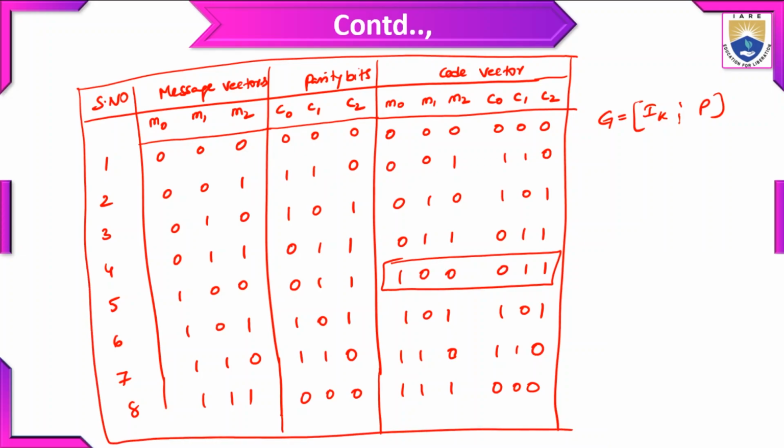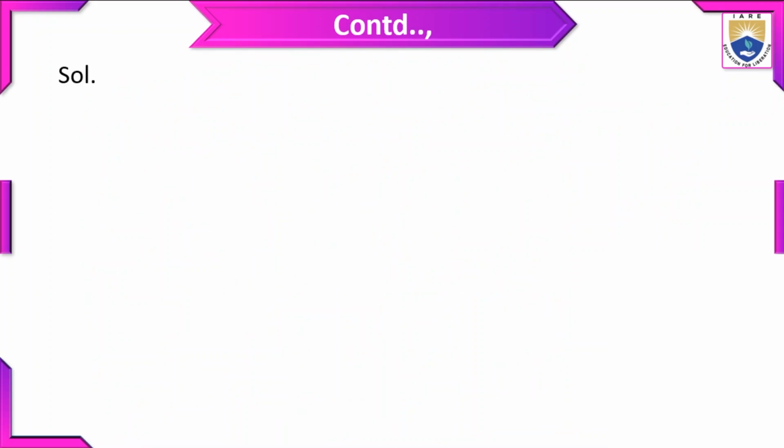You can also find all of them. If I give n value 6 and k value 4, how many message vectors are there? Simply 2 power 4. What is 2 power 4? 16. So 16 code vectors are generated. Where does it start and what is the message block size? It starts with 4 zeros.